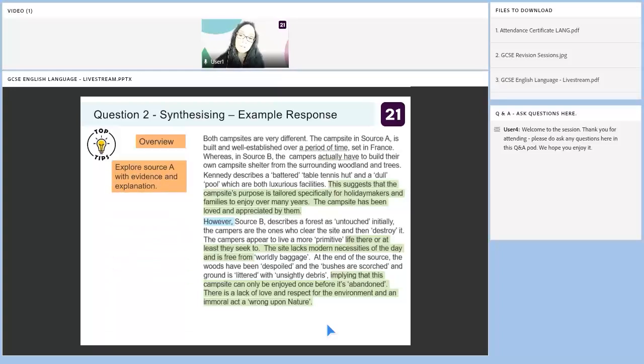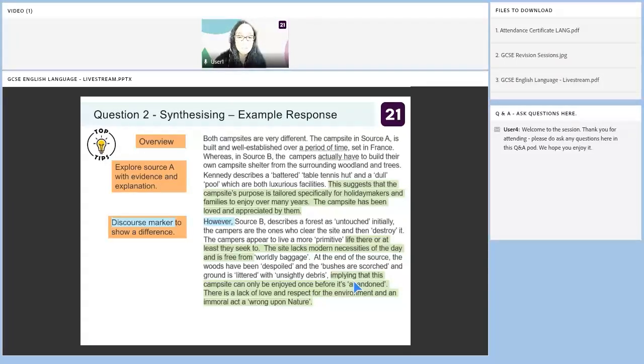So they've explored source A first with some short quotations for their evidence and the explanation that follows. Notice how they have inferred in their explanation. So use phrases like this suggests, this implies in their explanation. They've then used an appropriate discourse marker to signal to the examiner that they're synthesizing differences.